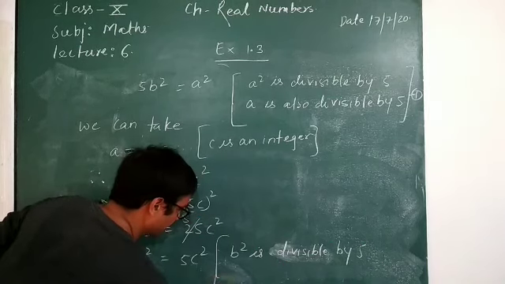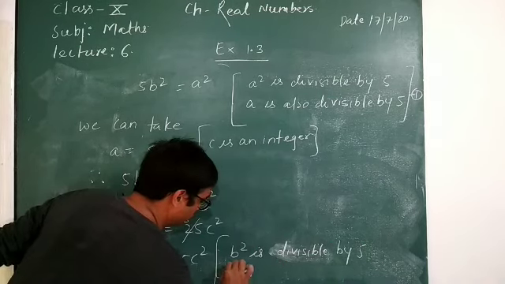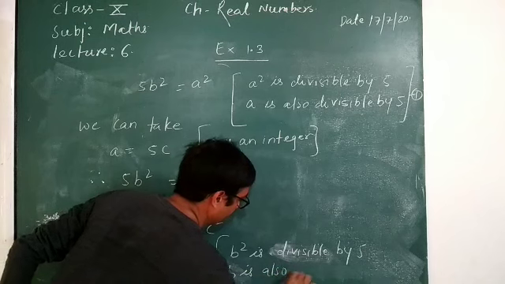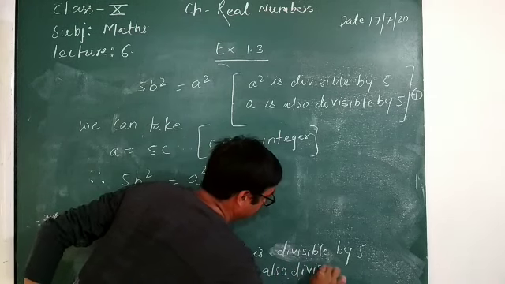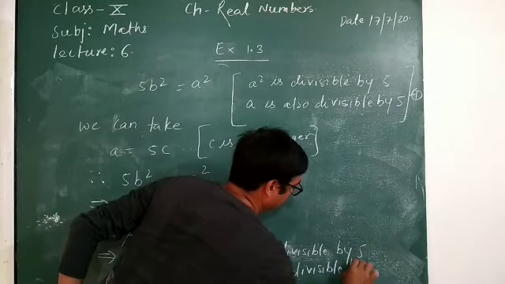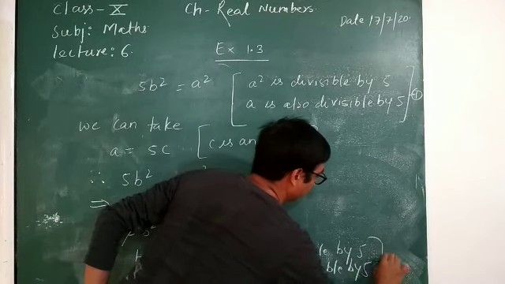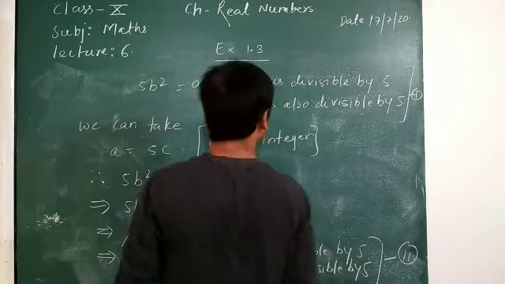Hence b is also divisible by 5. You can take this as equation 2.